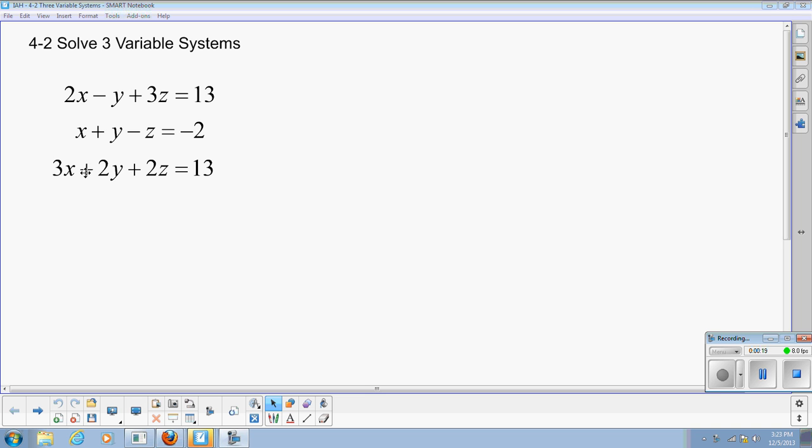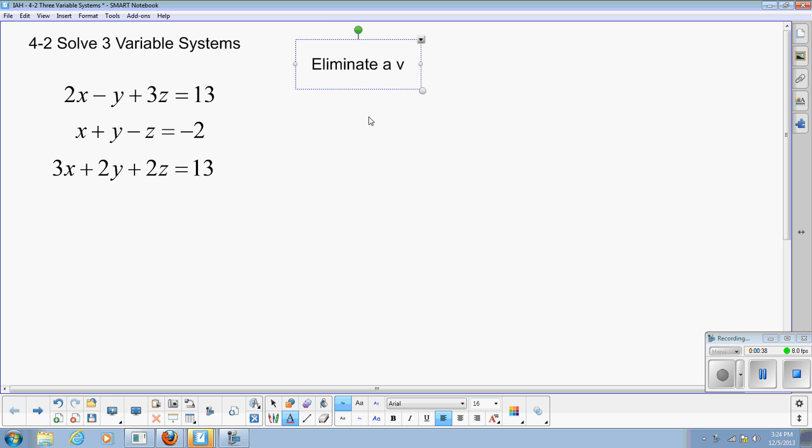All right, when you have a three variable system, you have x, y, z, and in this system, we have x, y, z in all three equations. When we worked with two variable systems, our goal at that point was to eliminate a variable and solve for the other variable.